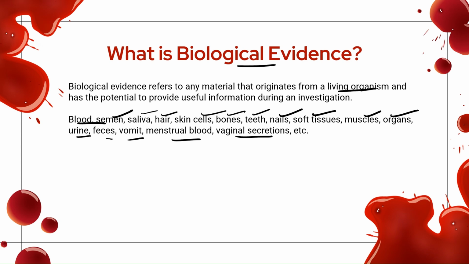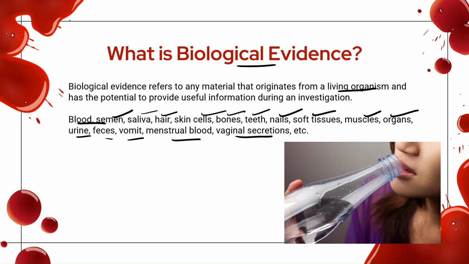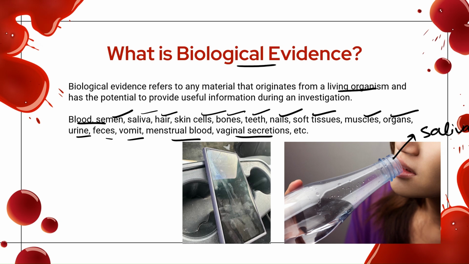In fact, biological evidence is not always visible to the naked eye. Think about something as simple as drinking water from a bottle. After taking a sip, you unknowingly leave behind microscopic saliva and epithelial cells around the rim of the bottle. Similarly, every time you touch your mobile phone, a door handle, or even shake someone's hand, you shed tiny skin cells.